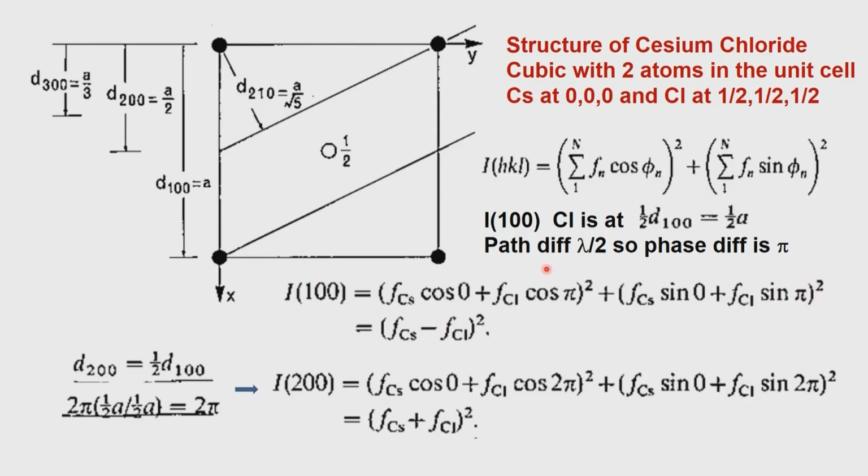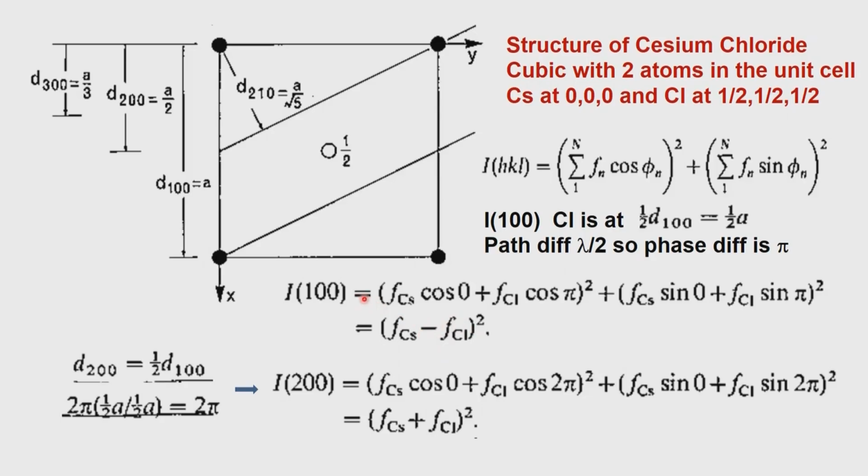We know how the cosine behavior takes place and how the sine function varies with respect to the angular variation, and so this turns out to be f of Cs minus f of Cl, squared. So, the intensity of 100 is the difference between the atomic scattering factor of cesium ion and the atomic scattering factor of chlorine ion.